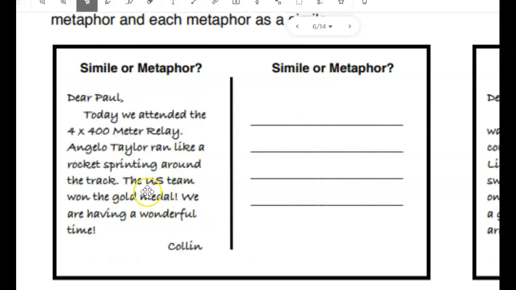So I saw one of these keywords here, so I want you to highlight it along with me. I saw like. And the two things that they're comparing is Angelo Taylor ran like a rocket. They're comparing Angelo Taylor to a rocket. Well, now we have to change that into a metaphor. We're just going to write that one sentence.